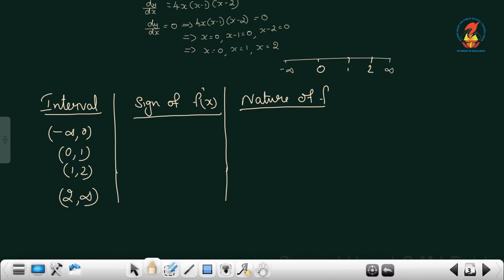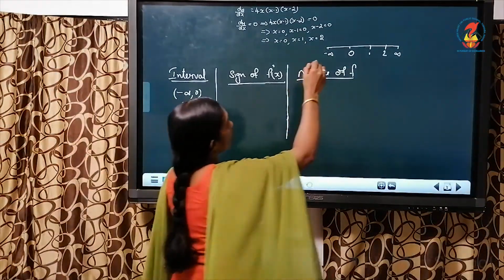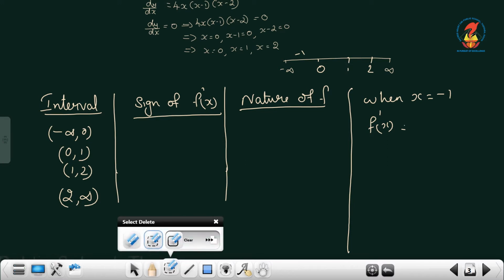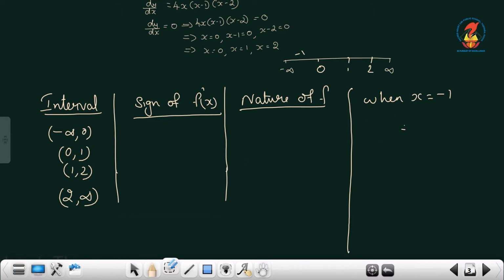For minus infinity to 0, take a point from that interval, I can take minus 1. So, when x is minus 1, what is f dash x? Substitute in dy by dx. So write dy by dx is equal to, when x is minus 1, 4 into minus 1, into minus 1 minus 1 that is minus 2, then minus 1 minus 2, that is minus 3.